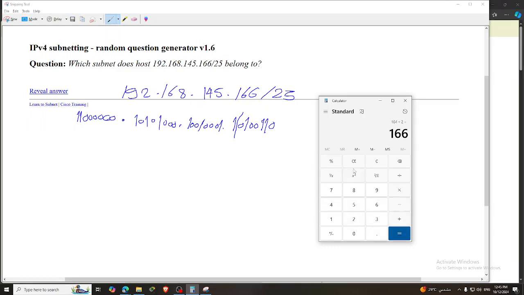So if we subtract 32 and 32, we also will subtract 4 and 6 from it.